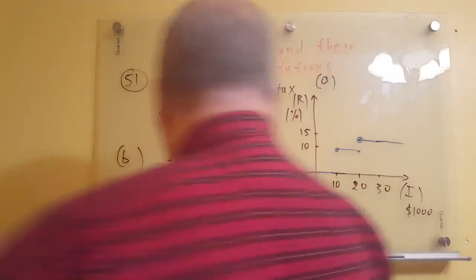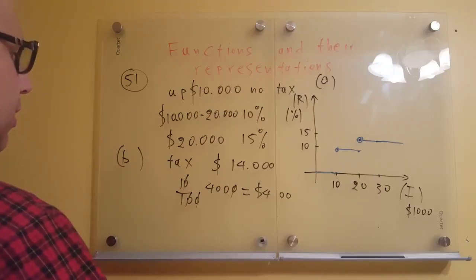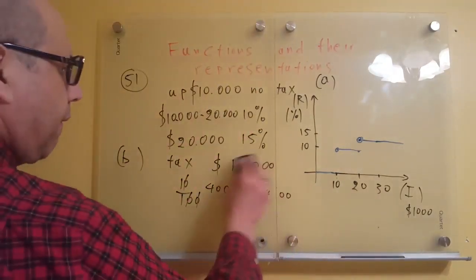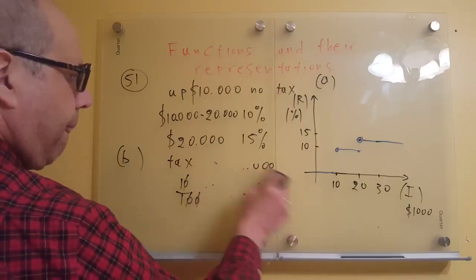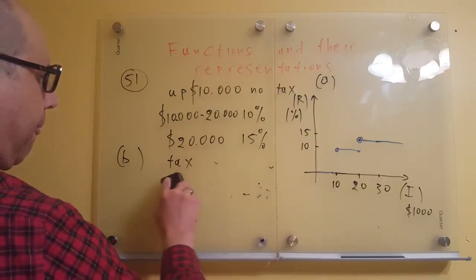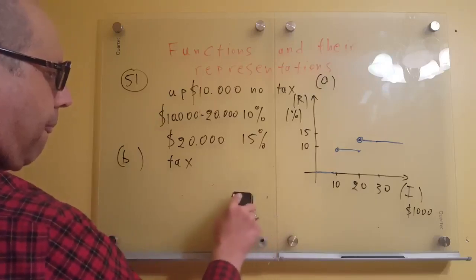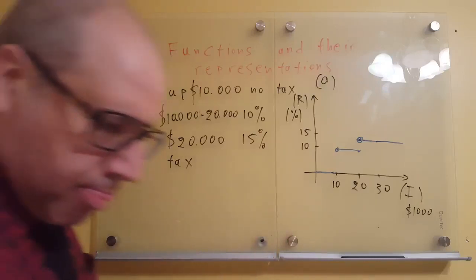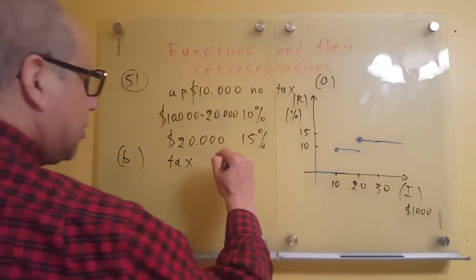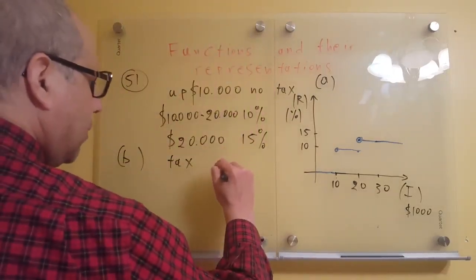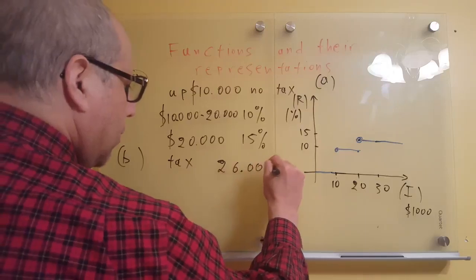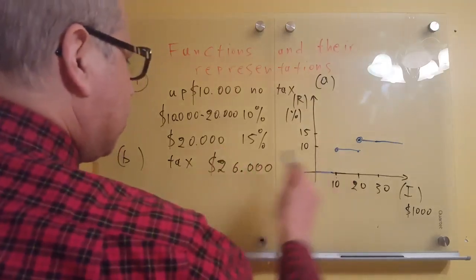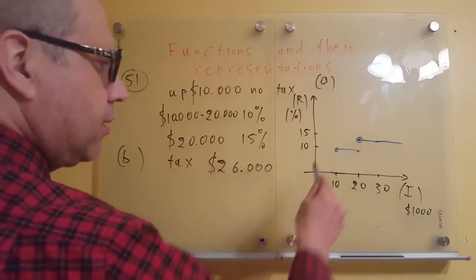And then the next question is for 26,000. Up to 10 again, there is zero tax.